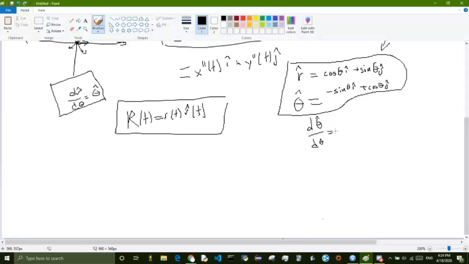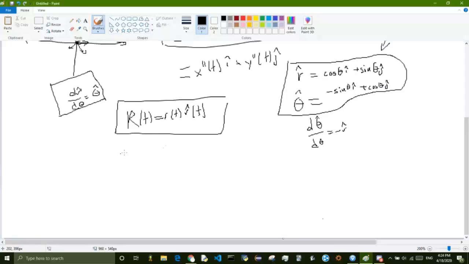We know that this is simply equal to negative r hat. You see that, right? I just took the derivatives. And the reason why I can pull the derivative inside is, again, the really good thing about working like this: the Cartesian basis doesn't change anywhere in space. So these are simply constants, and I can pull the derivative in.